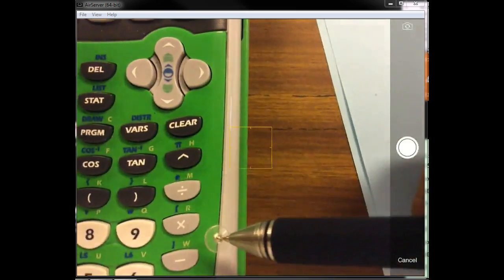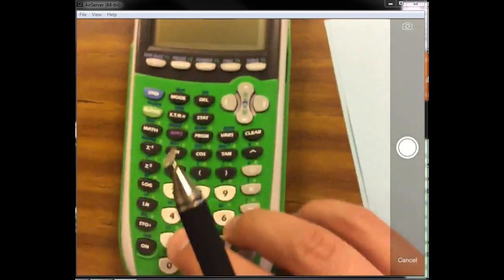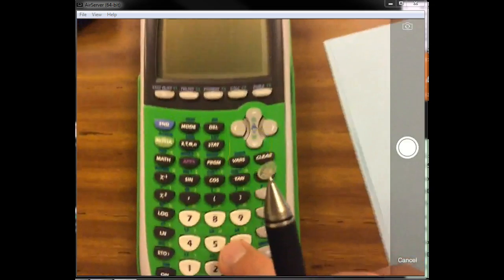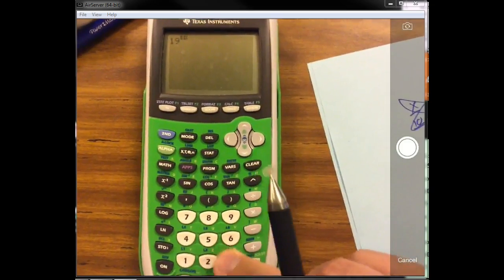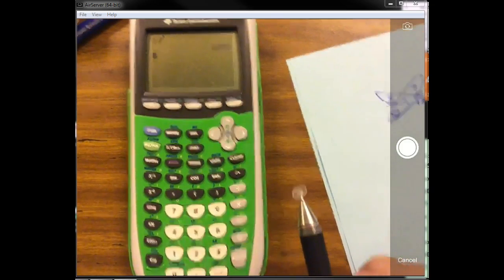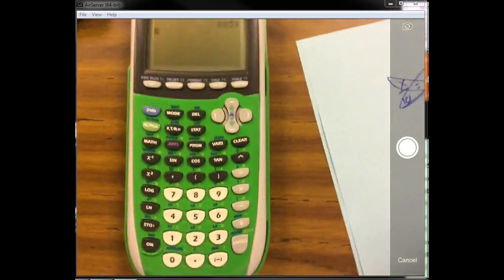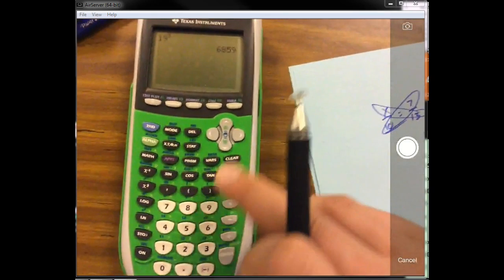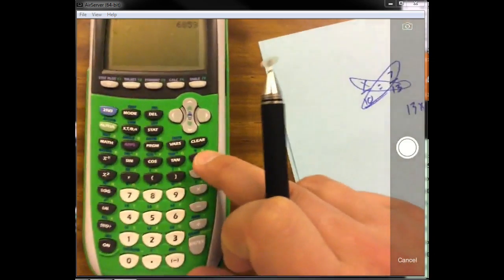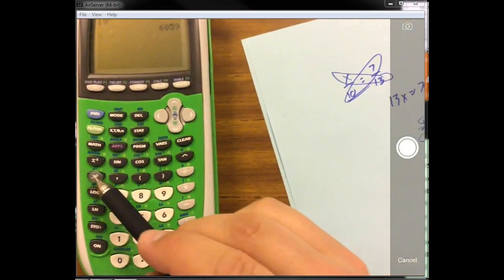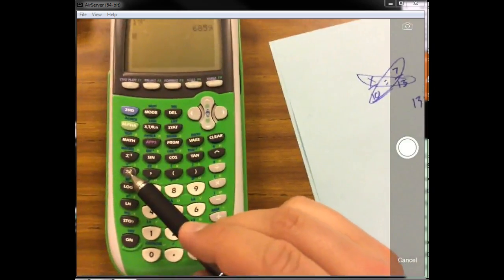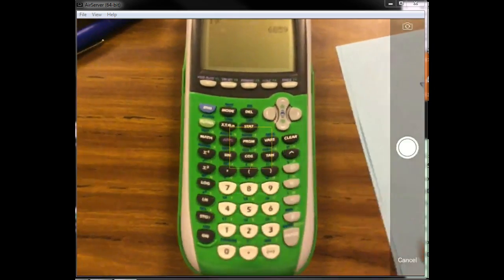This calculator, the caret symbol is right here. So if we're going to do 19 cubed, I would type 1, 9, and then I would do to the third. Alright, and that's going to give you my answer. Now that's 19 cubed. We still need to multiply the 4/3 and the pi, but that's the idea that somewhere on your calculator you should have a button that looks something like this, where you can put an exponent that's bigger than a square. Here you can see the square. We use that one a lot, but of course this is the one that we want to look at here.